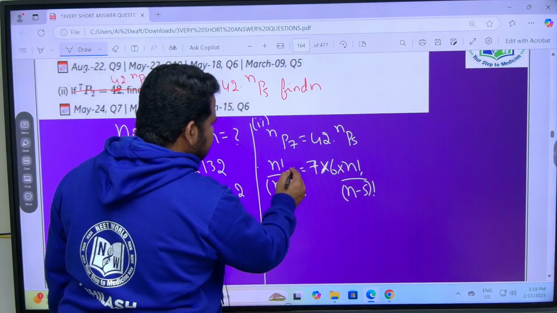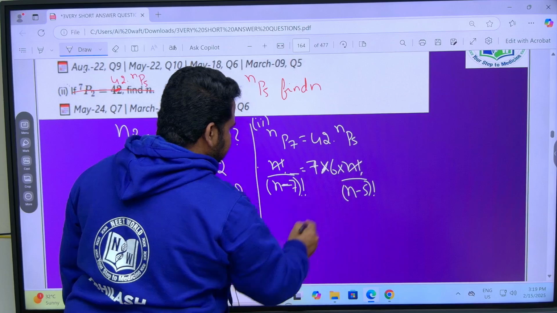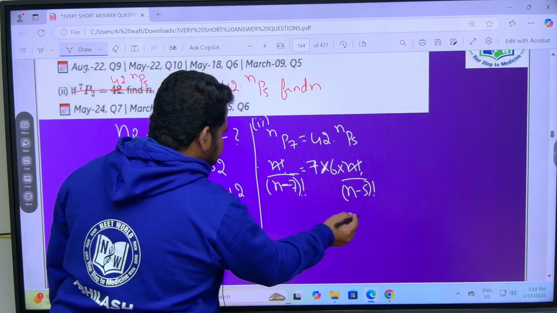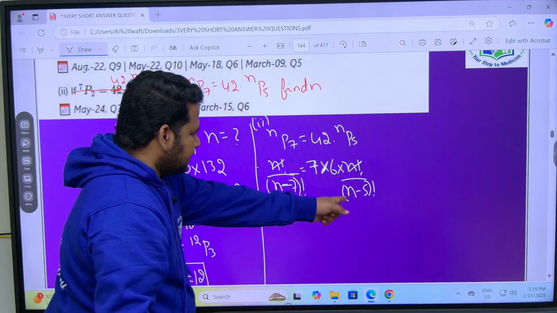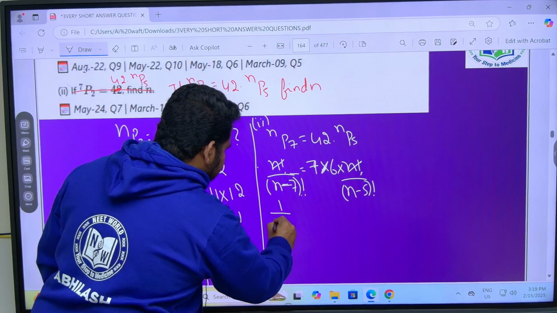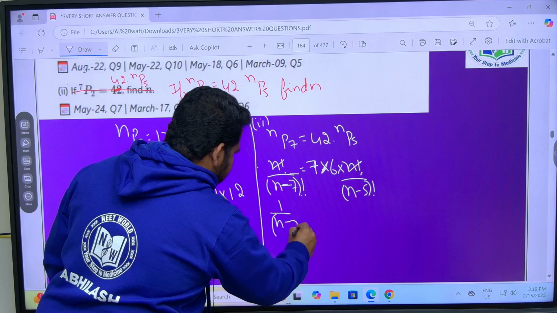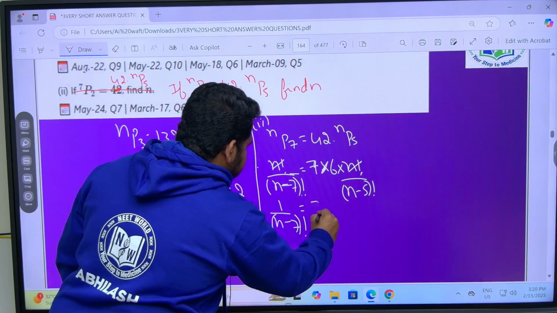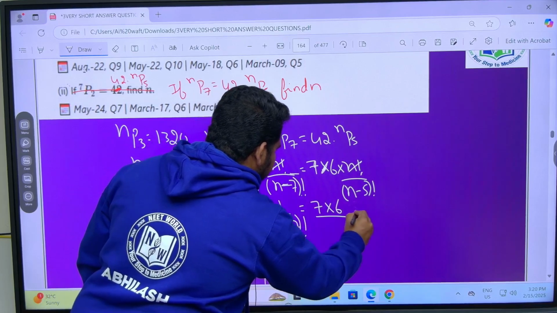Here n factorial is there, here also n factorial, I can cancel. So this will be 1 by n minus 7 factorial into 7 into 6 divided by n minus 5 factorial.